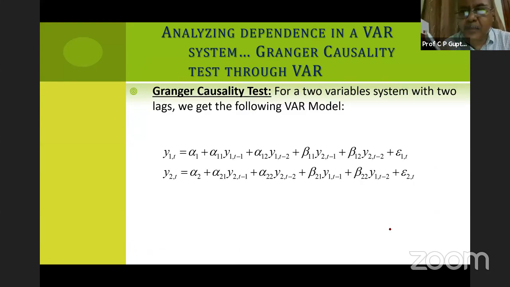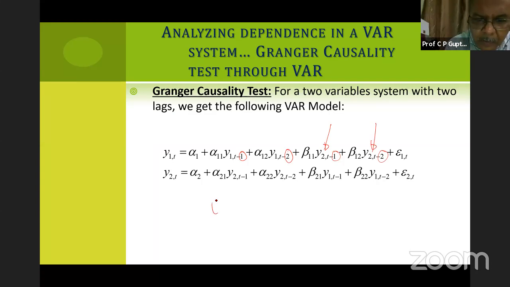For a two variable system with two lags, we get the following VAR model. Lag 1, lag 2.